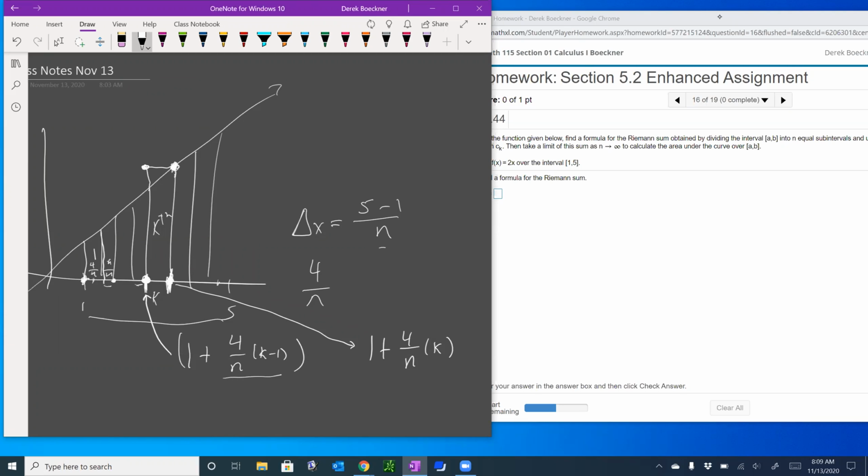Does that make sense? So to get to the left-hand endpoint, I only go through k minus 1 rectangles. So I've gone through k minus 1 rectangles. Each of them is this wide. I started here to get to the left-hand endpoint. To get to the right-hand endpoint, I've gone through k rectangles. Each of them is this wide, and I started here. Does that make a little more sense?